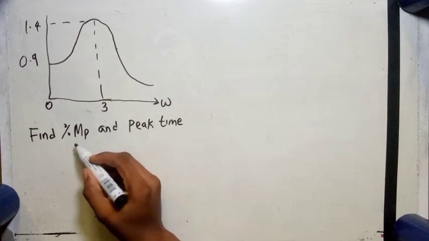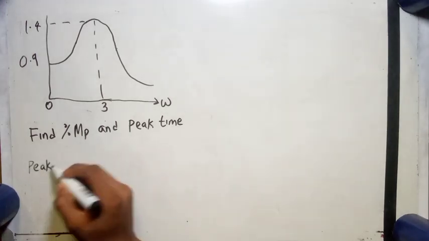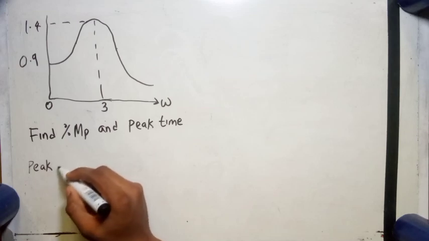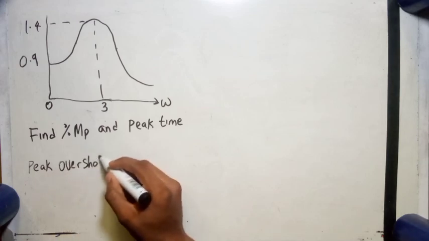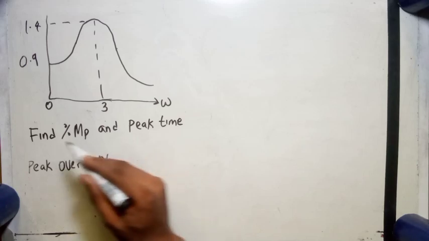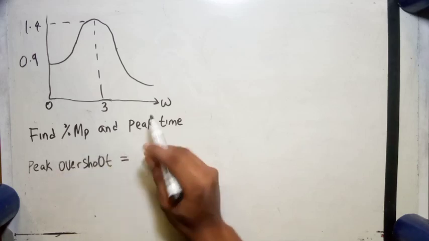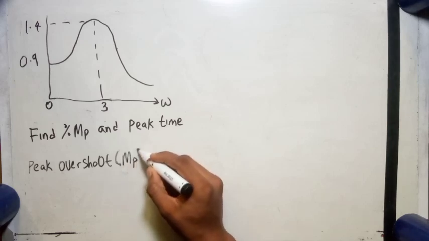Now, they say we should find Mp, which is our peak overshoot, or maximum overshoot, whatever we choose to call it. And we know it is in percentage. So what is the formula for our Mp? We're going to multiply by 100.